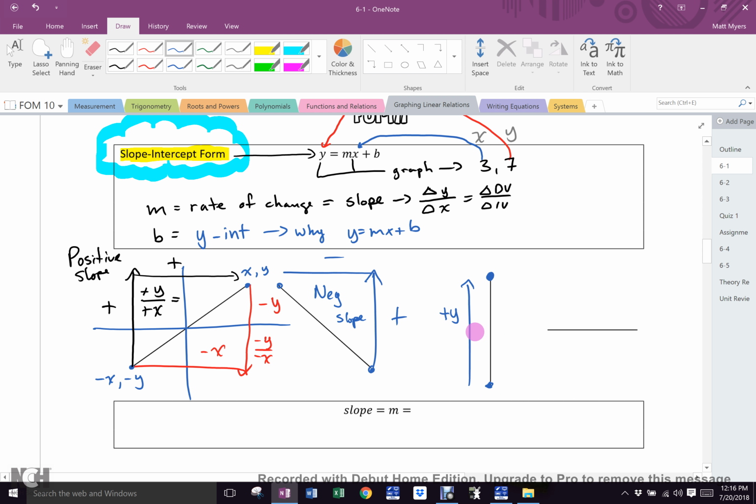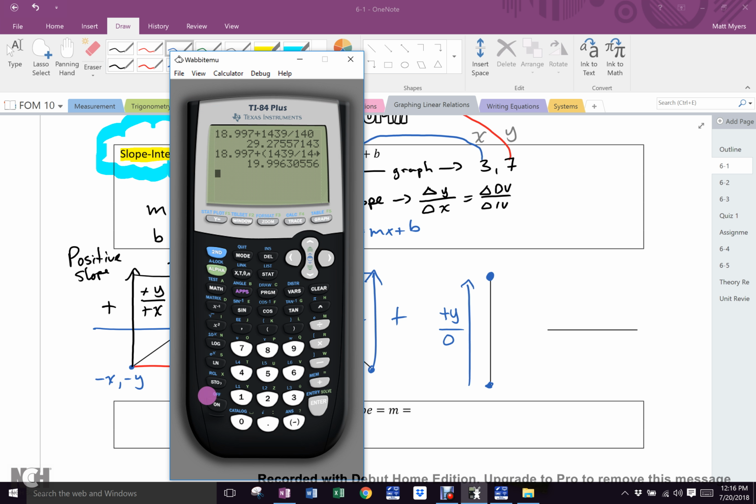I didn't at all, did I? So that's y divided by 0. What happens on your calculator when you do y, any value of y, divided by, what's the smallest number you can think of that is still positive but not 0?